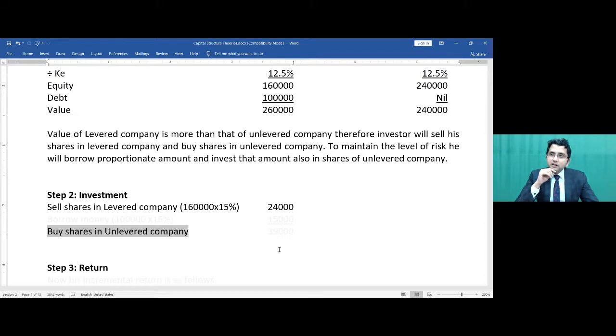Every investor has a risk-taking capacity. Every investor has a willingness to take risk. This concept is applicable everywhere in life, not only in Modigliani and Miller approach. Say, if I talk about all of you, some of you ride your two-wheeler at a very low speed and that too in a straight line, wearing the helmet and other safety gears also.